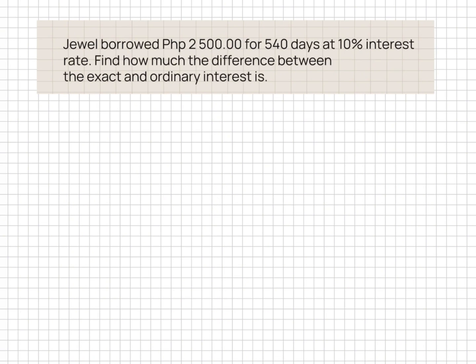The principal amount that is given here is 2,500 pesos. Next is the rate, which is 10%, but we would convert it into decimal, which would be 0.10. And the next is the time, which is 540 days.